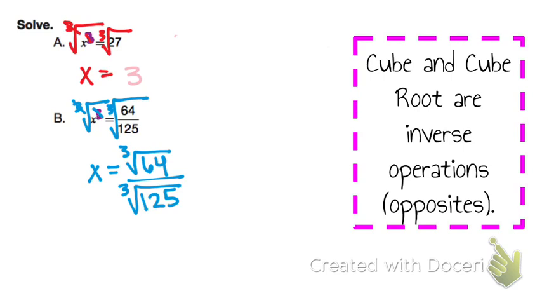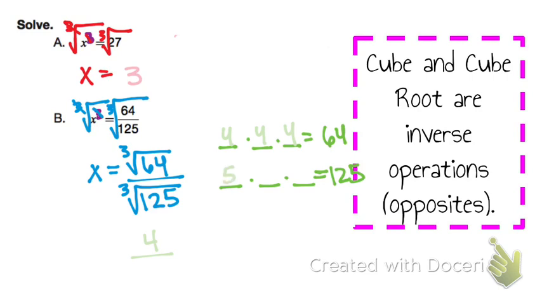So if you go through the different options, what number multiplied by itself 3 times gives you 64, you'll see that the answer there is 4. So 4 is in our numerator. And then for our denominator, what number multiplied by itself 3 times gives us 125? If you go through the different options, you'll see that it is 5. So the answer would be 4/5.